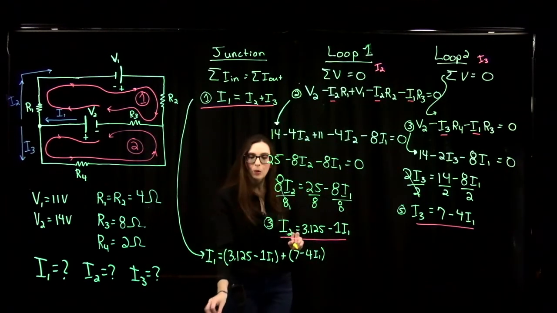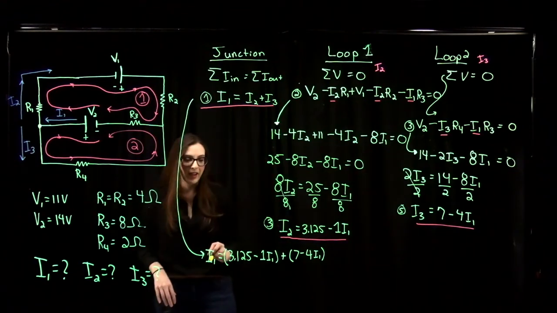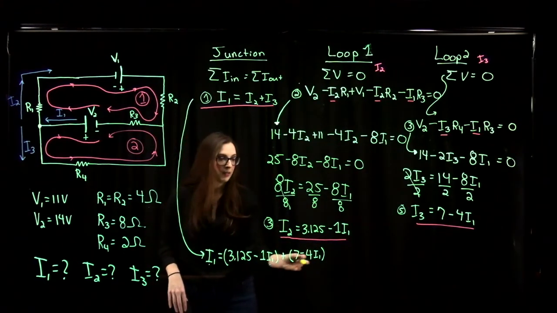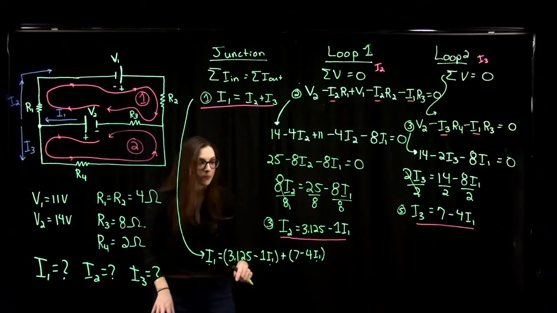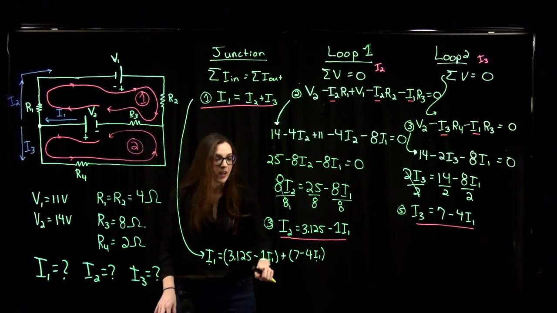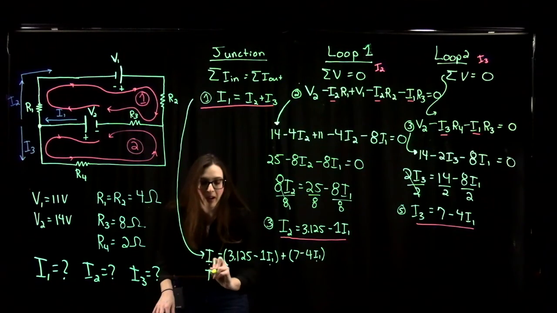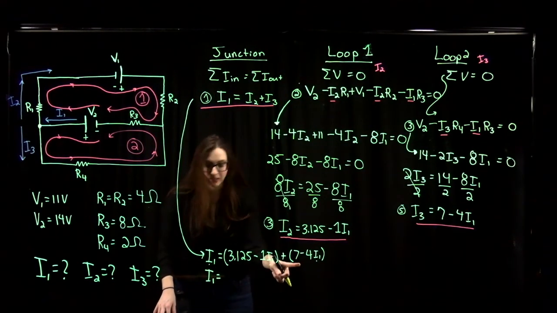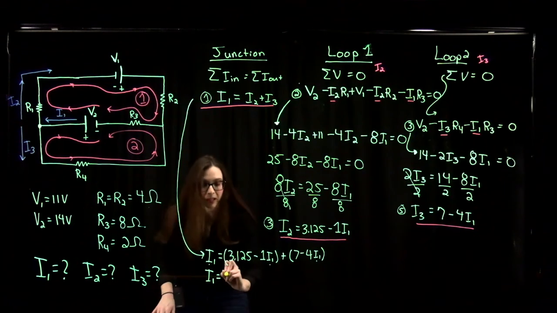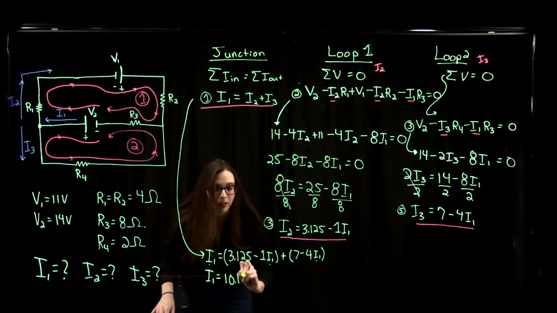Okay, cool. So now the only variables I have in this problem are I1. Now I have to combine all the terms together that have I1. On this side of the equation, I have I1 equals 3.125 plus 7, and that gives me 10.125.